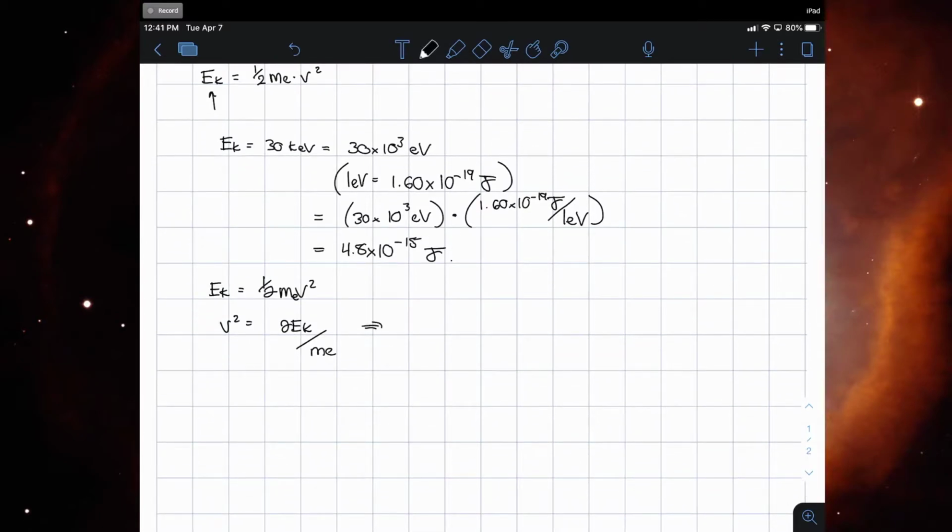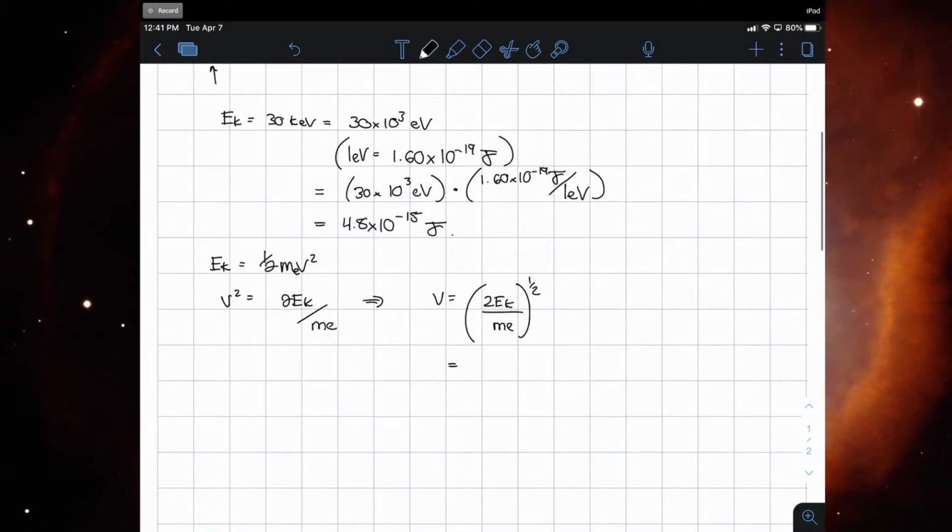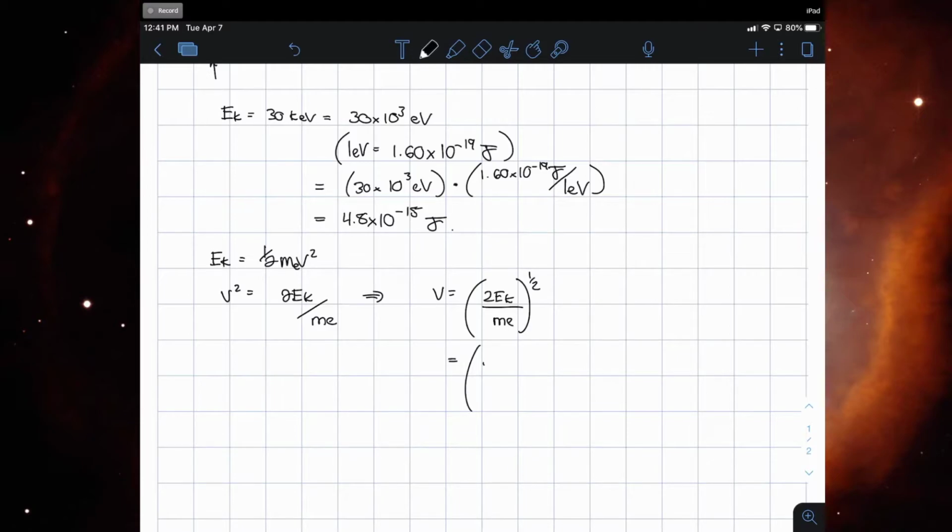So the speed is given by the square root of 2 times the kinetic energy over the mass. So I have 2 times 4.8 times 10 to the negative 15 joules, divided by the mass of the electron, 9.11 times 10 to the negative 31 kilograms, raised to the power of a half, so the square root.